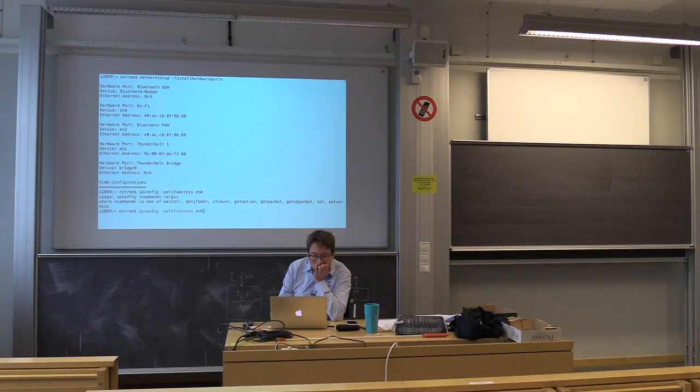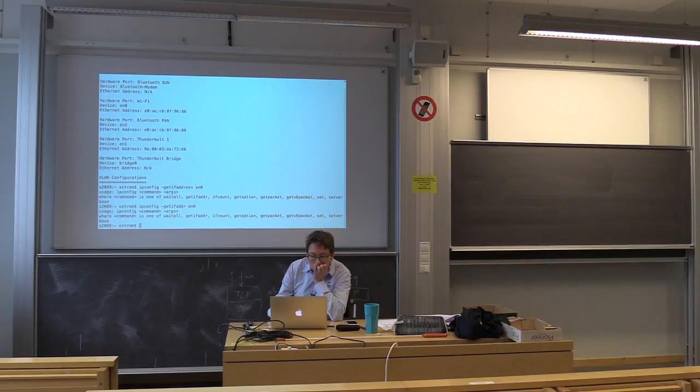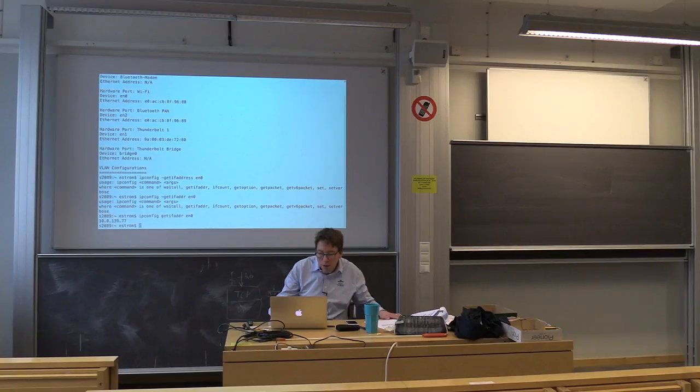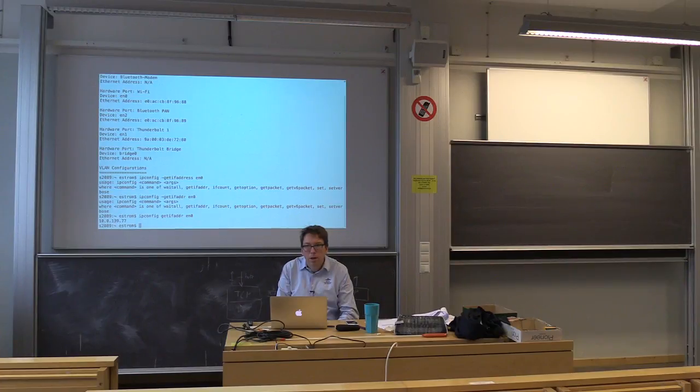The argument should probably be get, not address. Maybe without the dash? Yeah, let's try that. Okay, so the IP address of the Wi-Fi in my laptop right now is 10.0.139.77.